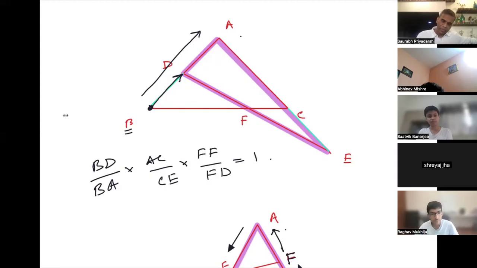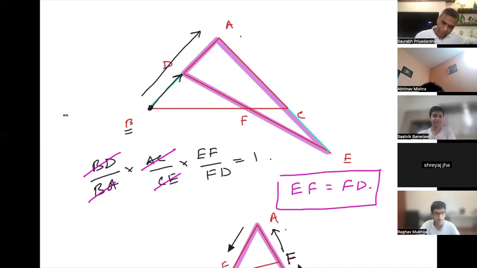Few of the things are given: BA and AC are both equal, so both will cancel out. BD and CE also cancel out. What is the meaning of this? DF is equal to EF. EF is equal to FD.